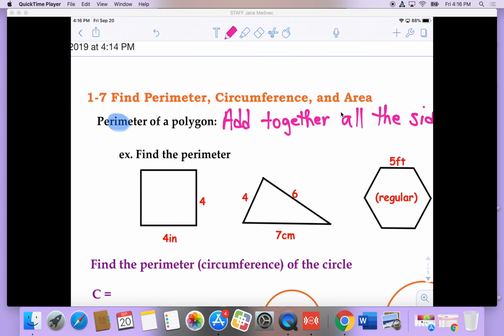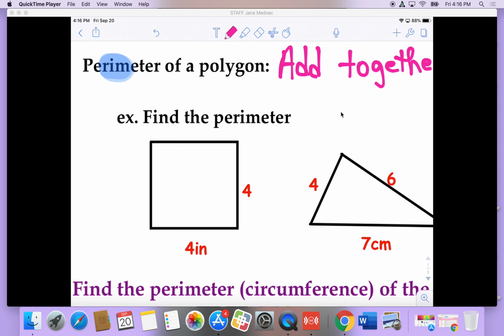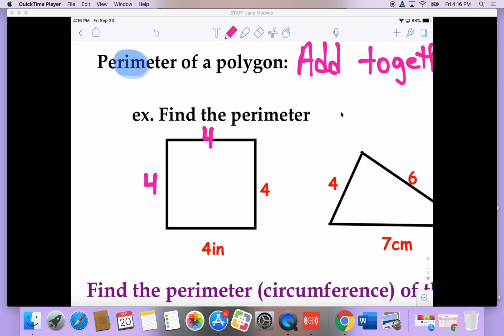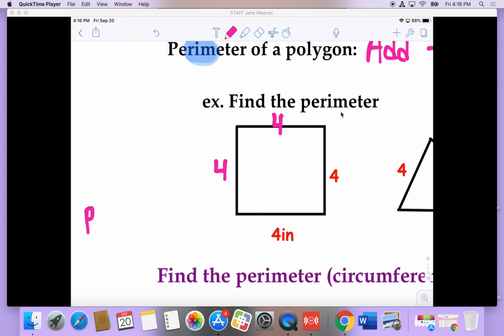So if I take a look at the first figure, you're going to notice that it looks like a square, possibly a rectangle. Okay, and so what we can do is say that this side is 4 and this side is 4. So if we're going to find the perimeter, it is 4 plus 4 plus 4 plus 4, or the perimeter is 16 inches.